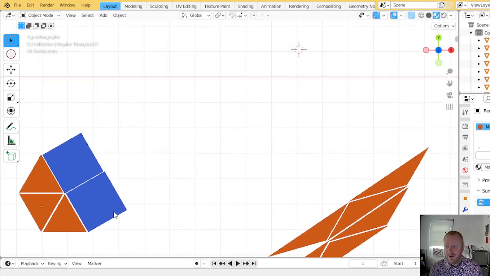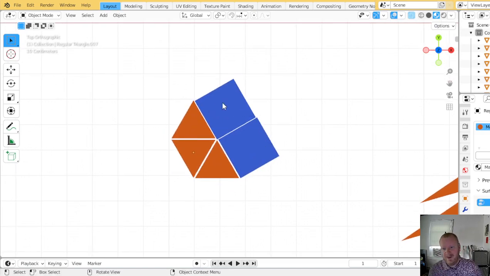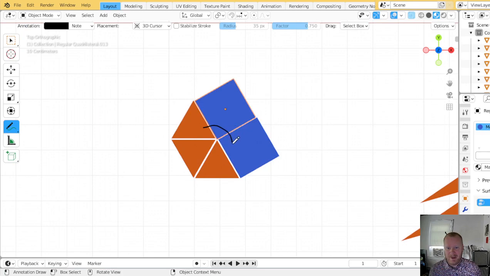That shape there is what we call a semi-regular tiling. So we've got 60 plus 60 plus 60 plus 90 plus 90. That's making up our 360 degrees in here.